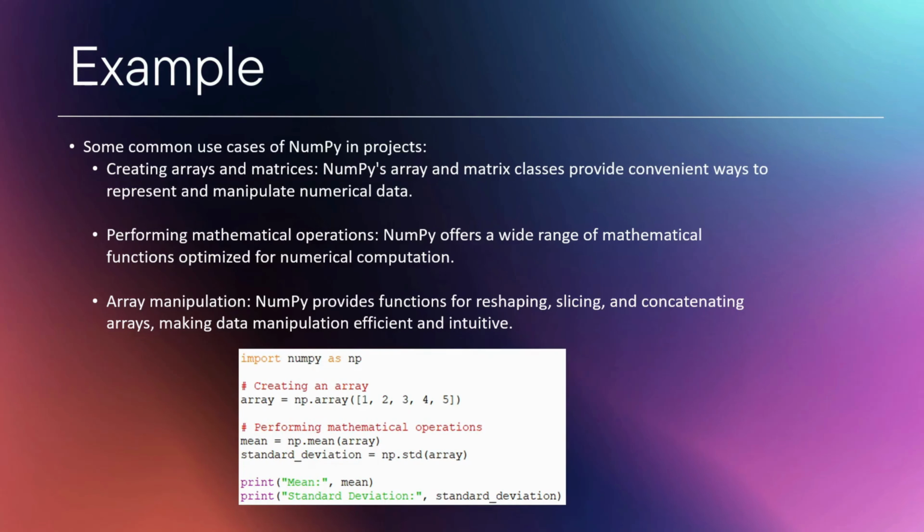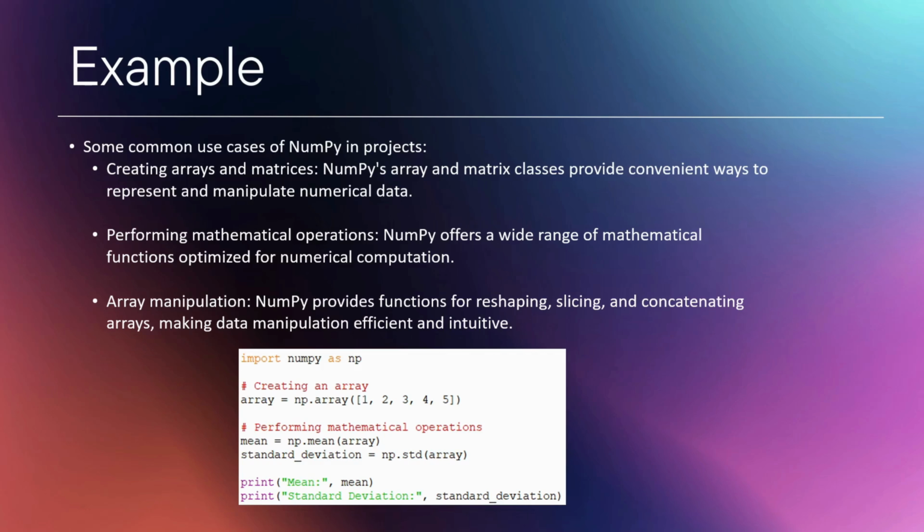So some common uses of NumPy in projects are creating arrays and matrices. So maybe we want to have lists, large lists, multi-dimensional lists. We can create that using NumPy. We can perform mathematical operations on these lists. These are also very optimized.